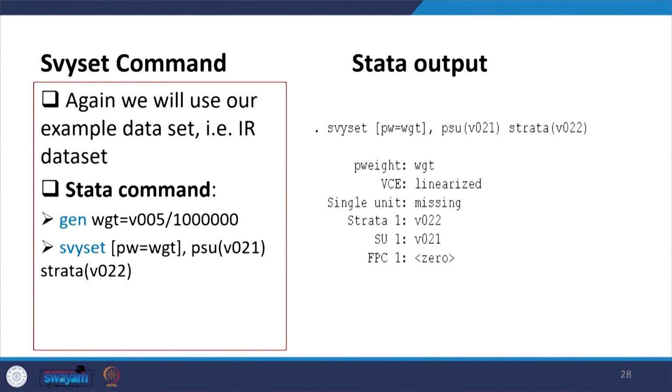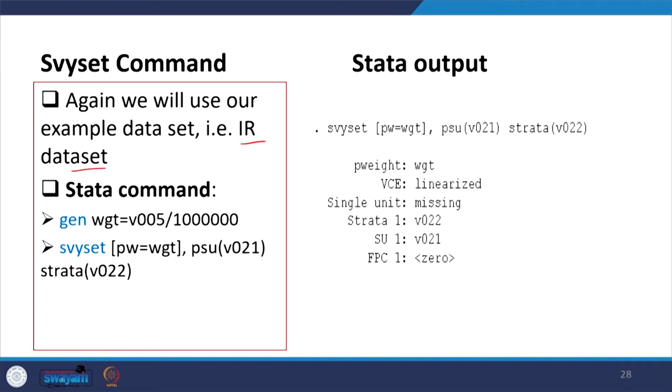Now here, with the SVY set command, we are supposed to set our design in Stata. Again we will use our sample data set, the individual record data set for women, the eligible women, that we have just shown you.